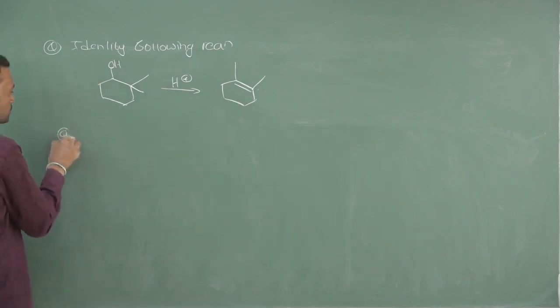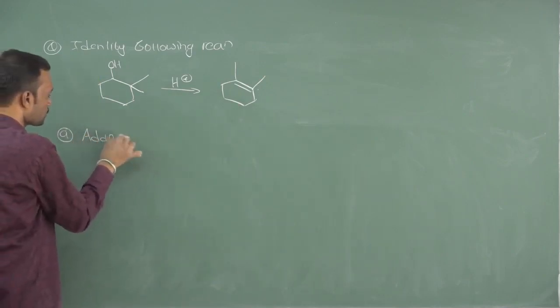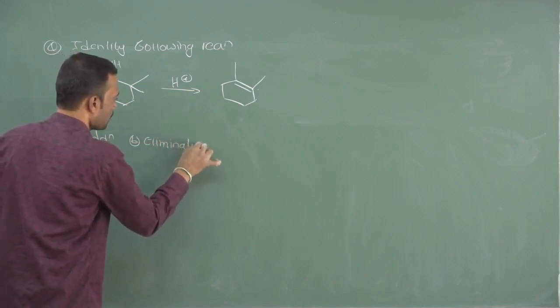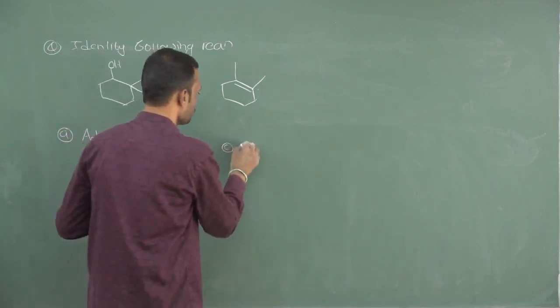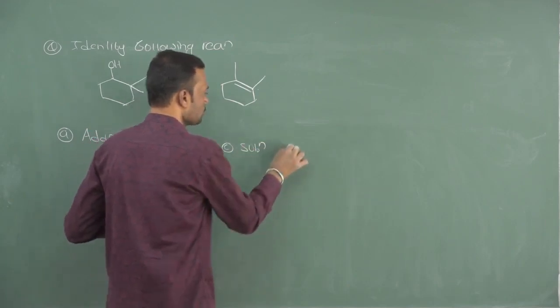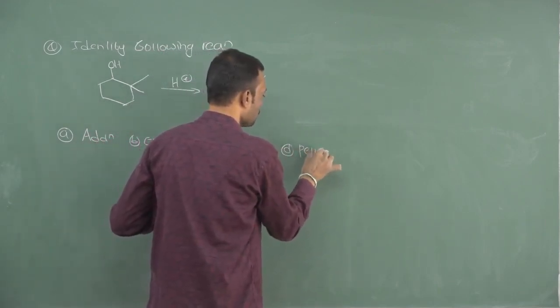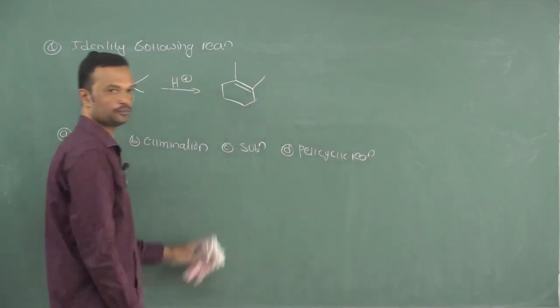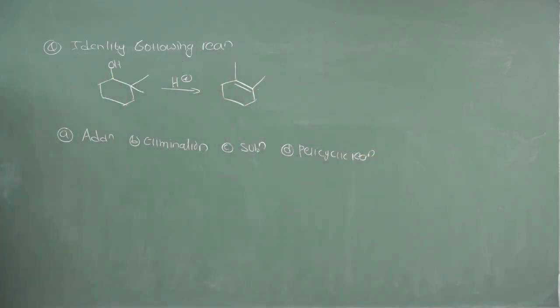Now my question is, is this A, an addition reaction, B, elimination reaction, C, substitution reaction, or D, pericyclic reaction? What kind of reaction is it? Just now I gave one mechanism, based on that you can say.